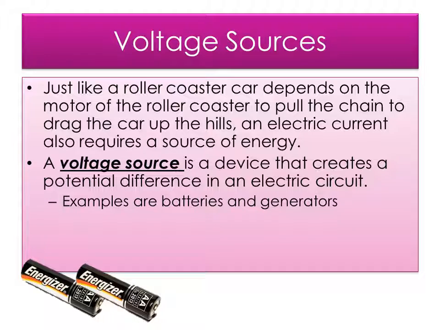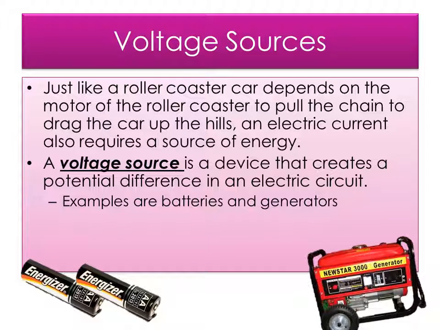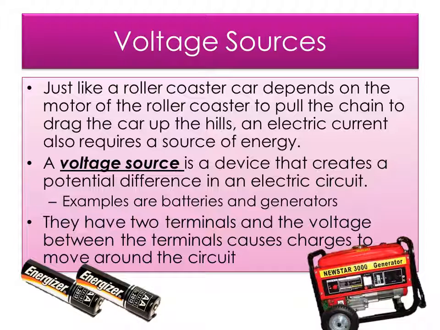So they are voltage sources. They create a potential difference. Now you can see some pictures of batteries and a generator. They have two terminals, so you guys know there's a plus and a minus on a battery. The voltage between the terminals causes charges to move around the circuit.